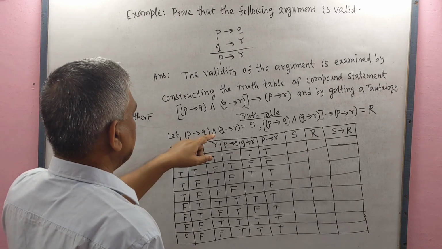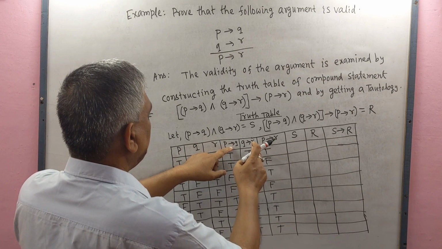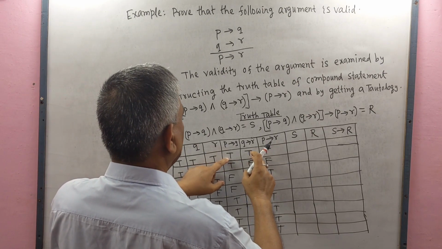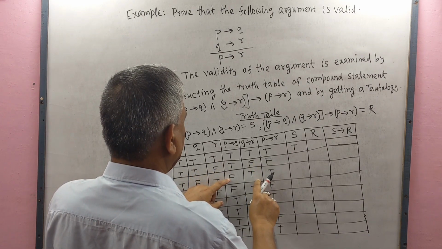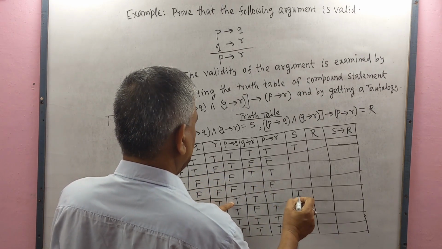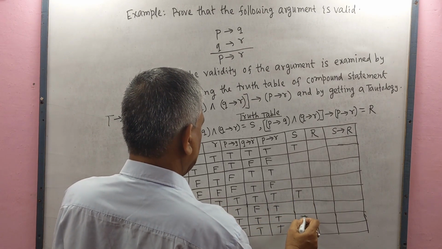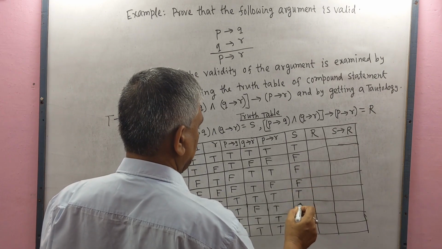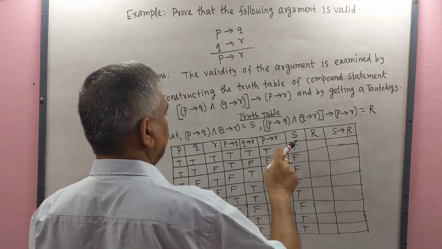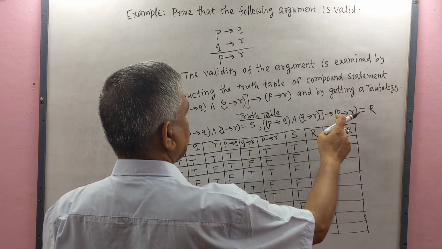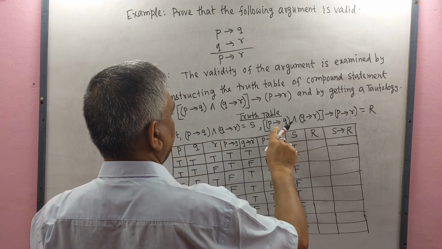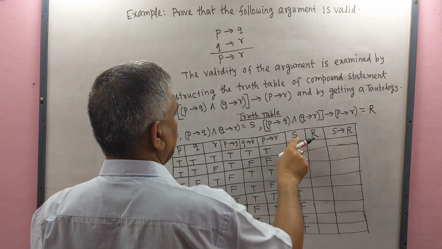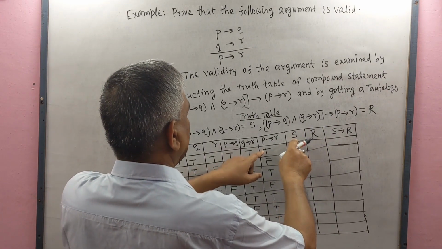S is the conjunction of P → Q and Q → R. In conjunction, where both are T, then T. Here both T, then T, here both T, then T, here both T, then T. So the others will be F. R is S → (P → R), where S is (P → Q) ∧ (Q → R).